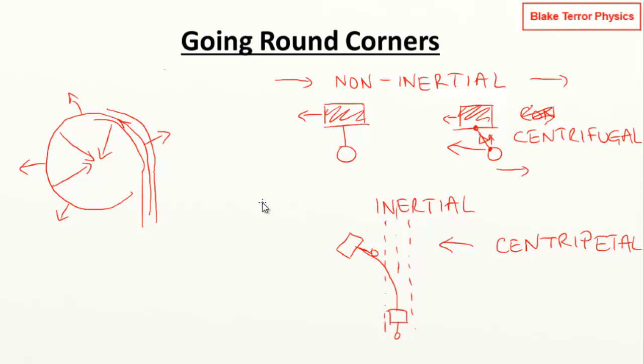If we're not experiencing a force to the left, then the air freshener must be experiencing a force to the right, where in reality, everything's experiencing a force to the left. So we need to take that into account. So this is why it's dangerous to use Newton's laws in non-inertial frames, because if you do, you start making up forces that don't exist. They just look as though they exist.